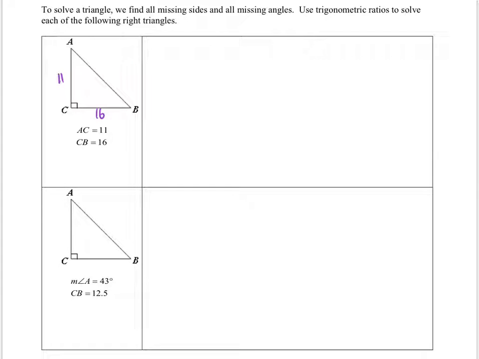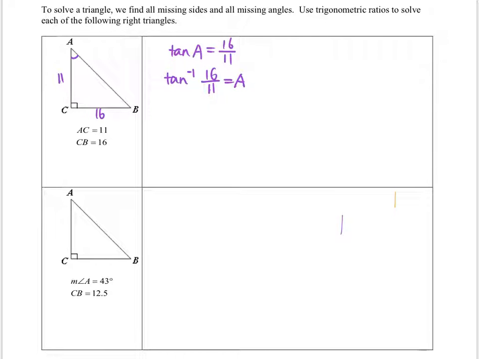So if I want to know angle A, probably I can just take a tangent, since I have opposite at 16, adjacent at 11, right? So I have two sides, and then if I do an inverse, if you remember these little negative ones on top of tan, the inverse of 16 over 11, that should give me A.